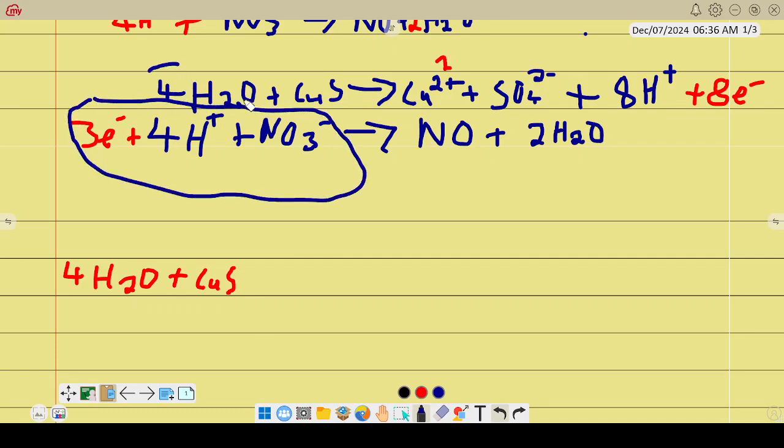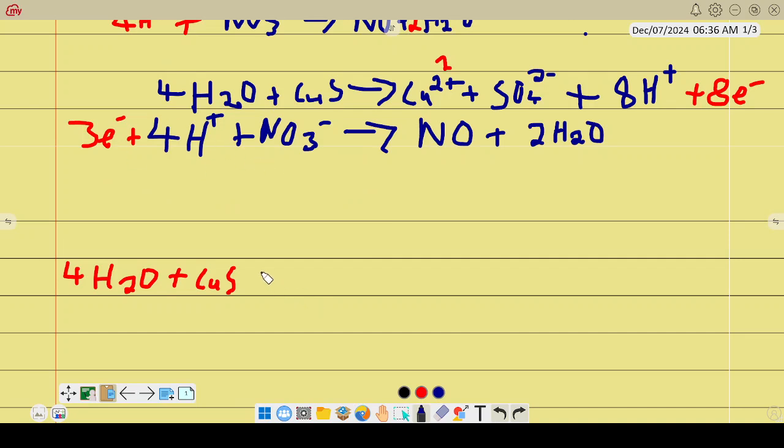I've already written these which are on top, so let me also write these down here. You can write in any order. So we'll start with the same one: 3 electrons, 4 protons, the hydrogen ions, and the nitrate ion.